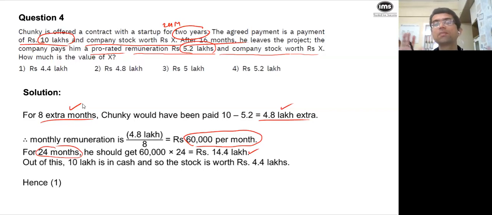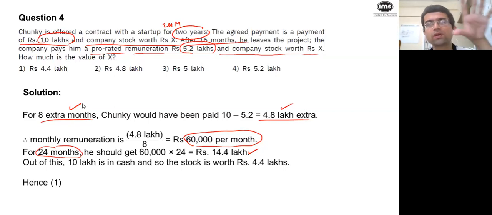If he was paid only money, this is what he would have received, correct? 14.4 lakhs. But the company paid him some rupees and some stocks. Now what is stock? It's money equivalent, correct? So for 16 months, he got 5.2 lakhs, which was 4.8 lakhs short.